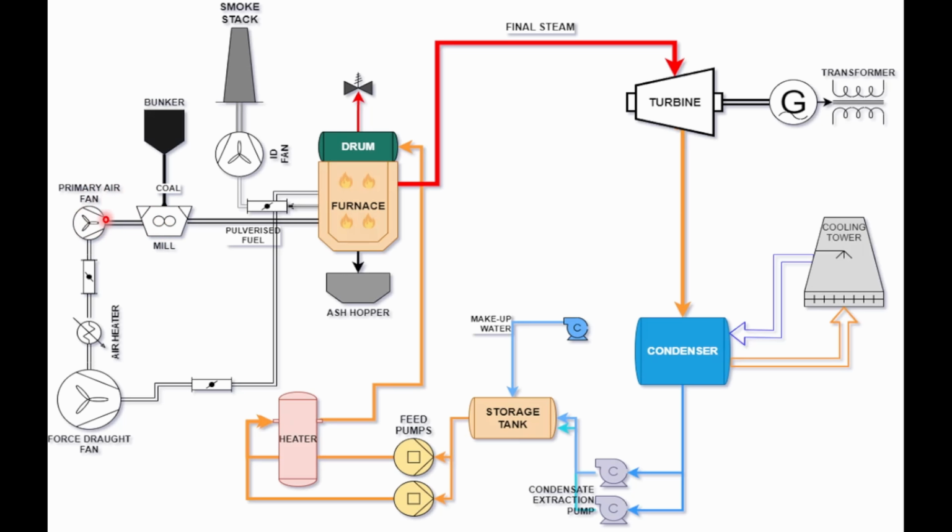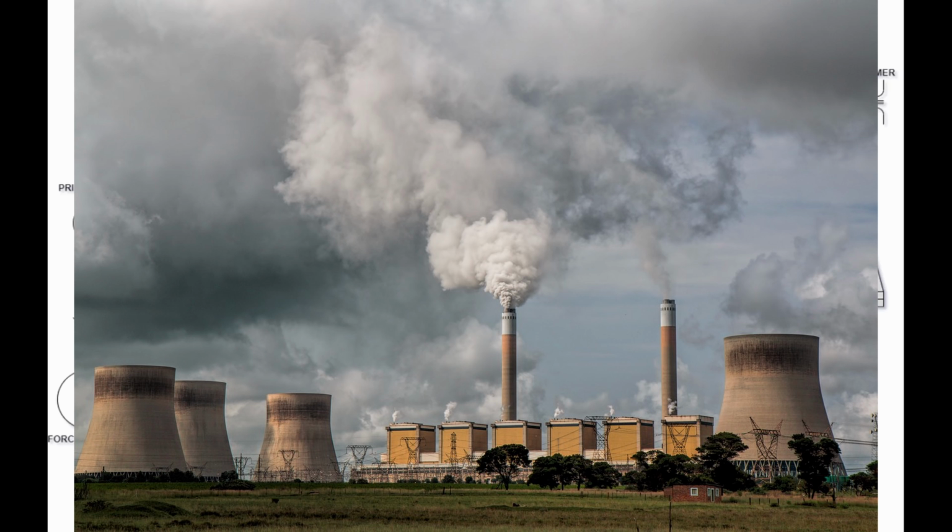Using the primary air fan, which is sitting here, we then blow that fine powder into the furnace where it burns and becomes ash, and whatever smoke remains will be extracted into the atmosphere. So the carbon issues and all those things are coming from the coal that is burnt. They are extracted using the smokestack.